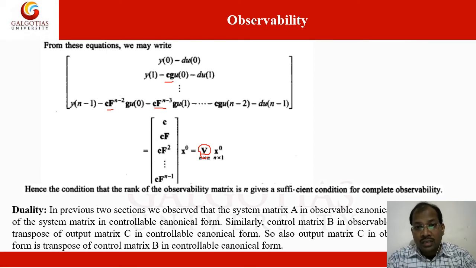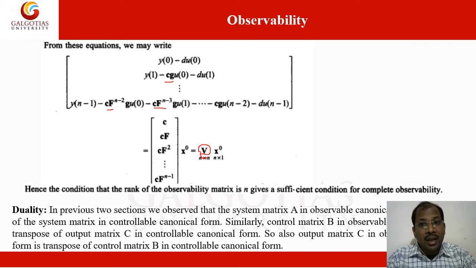In the previous two sections, we observed that the system matrix in the observable canonical form is related to the controllable canonical form, and similarly matrix B and the output matrix can be transposed. So a system matrix in the observable form we can transform into the controllable form, and if a system is derived as controllable, we can transform it into the observable form. That is called duality.